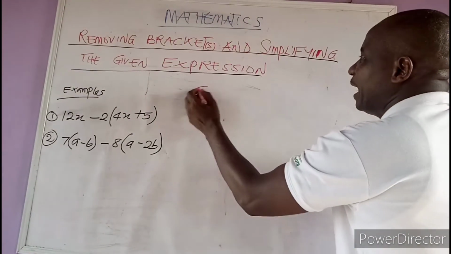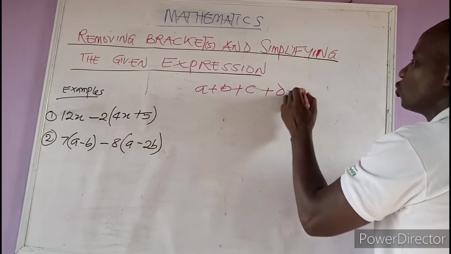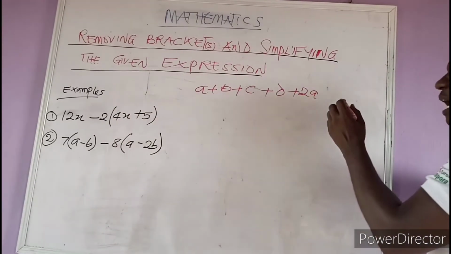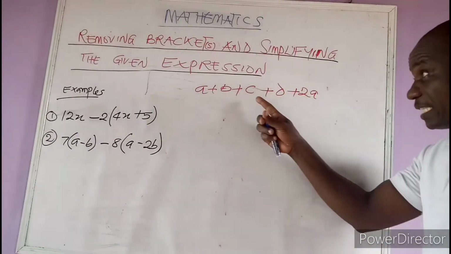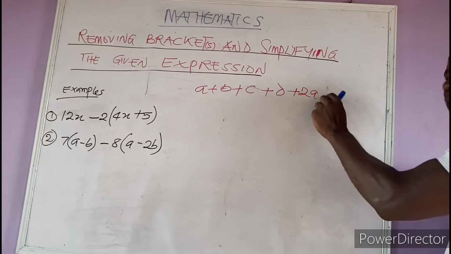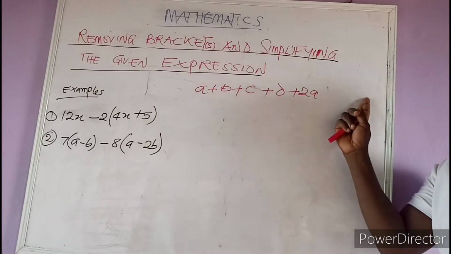If I write a plus b plus c plus d plus 2a plus, I continue to write like that. This is an expression, because the sign of equality is missing.